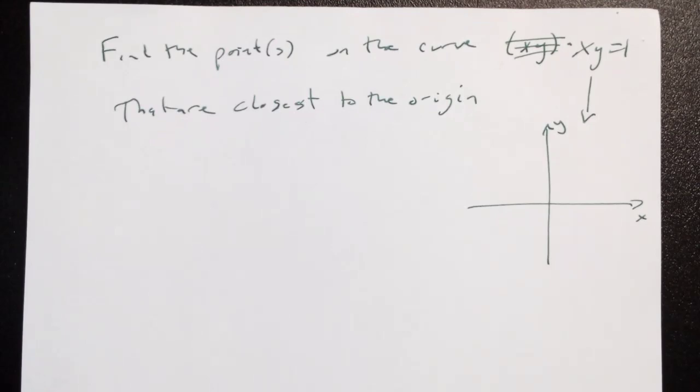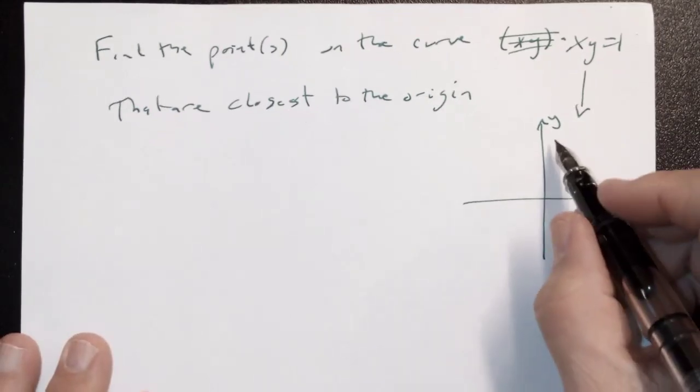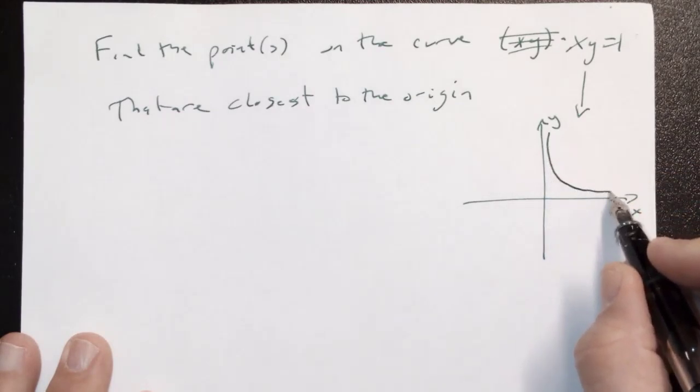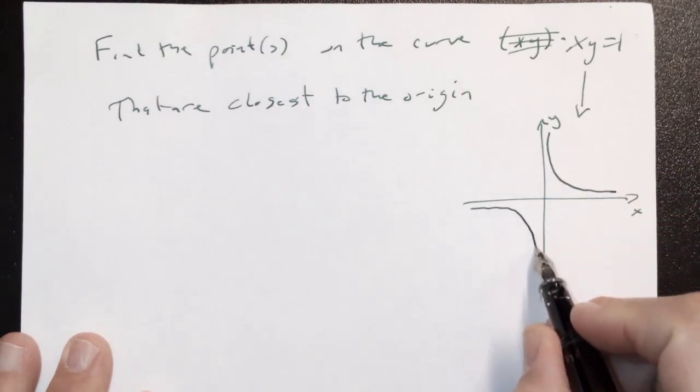It's easier to picture if you just write it y equals 1 over x. It's a hyperbola, but it's the hyperbola that's diagonal, right?